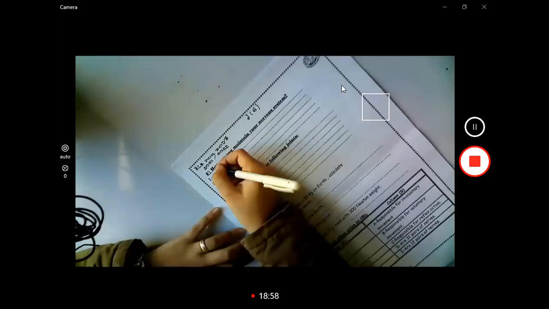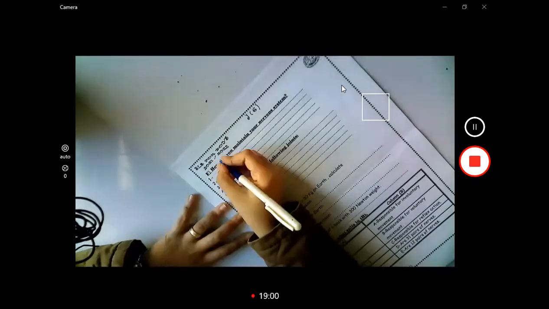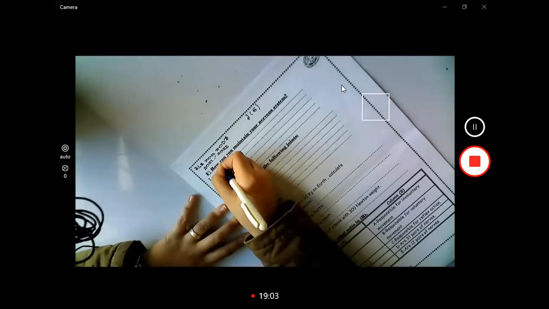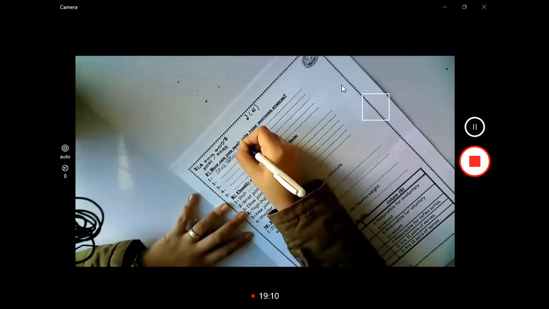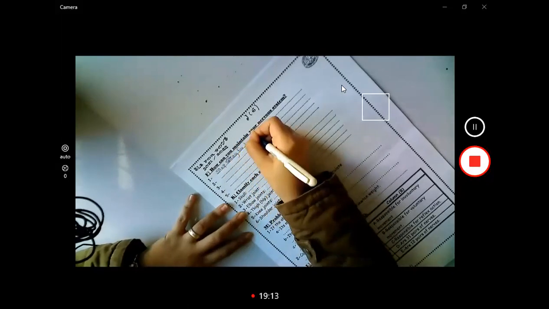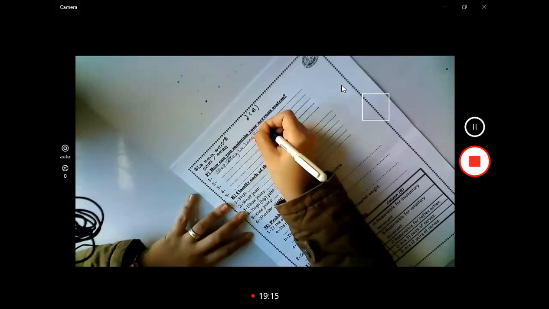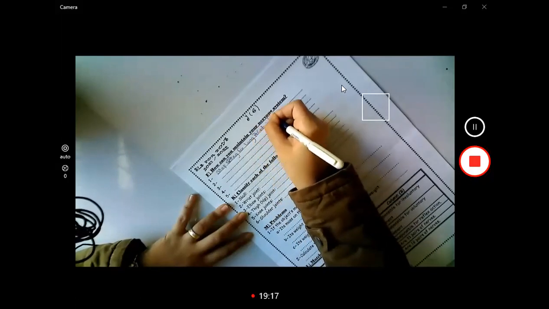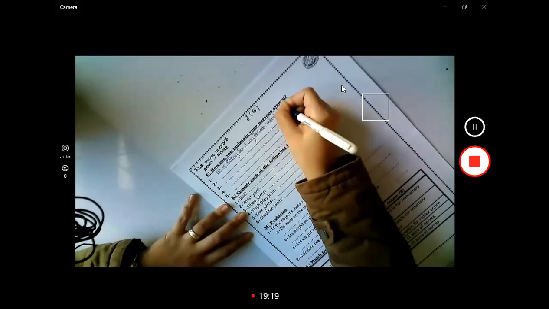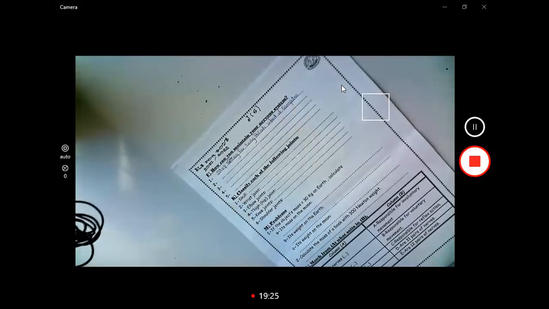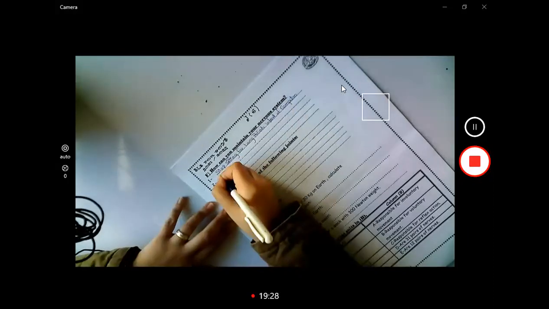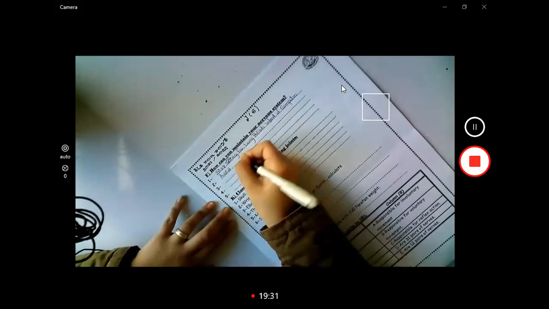Number 1 طبعا, stop sitting for long periods in front of computers. طيب ايه كمان؟ Avoid addiction.